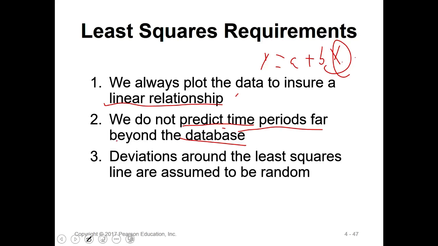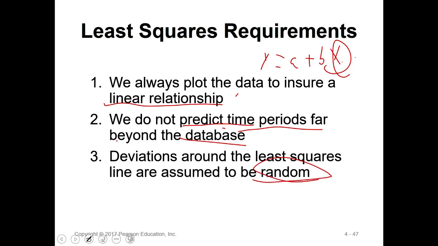And the deviations around the least squared linear line are assumed to be random. If you learn statistics in a higher level class, probably 4,000 level or 5,000 level on campus, you understand why we want to have randomness.